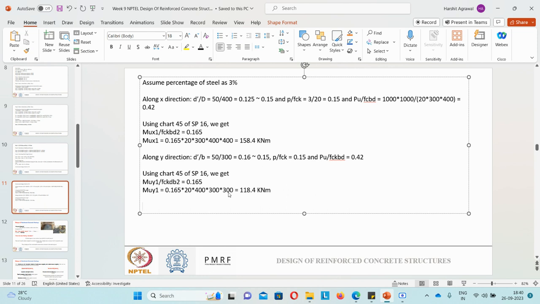Now we know Mux1 and Muy1. We know Mux and Muy. We need to calculate alpha, the power coefficient.